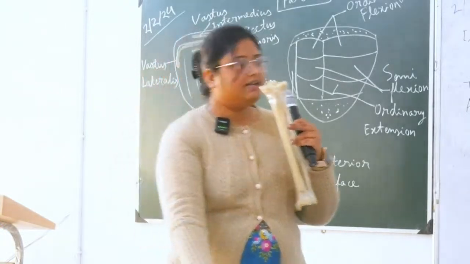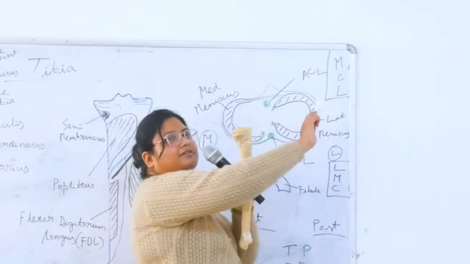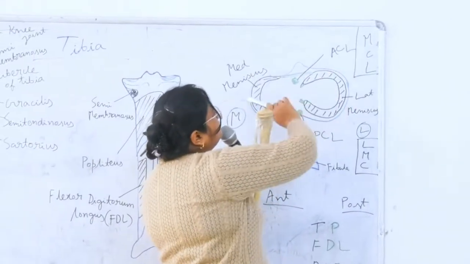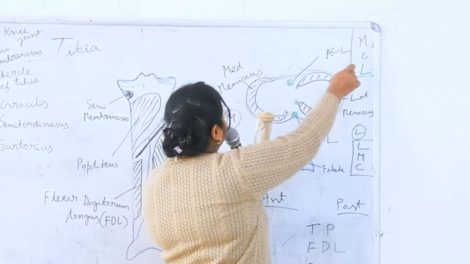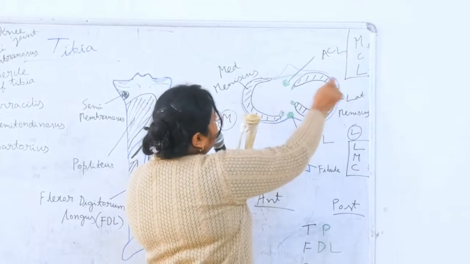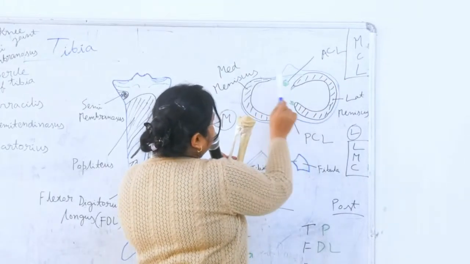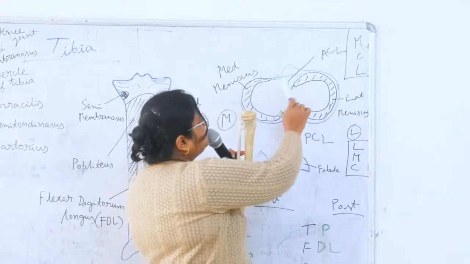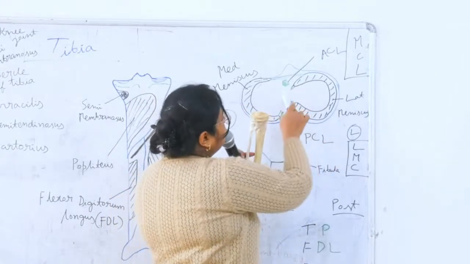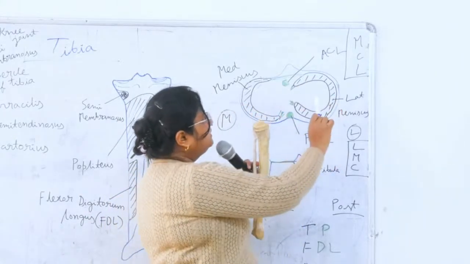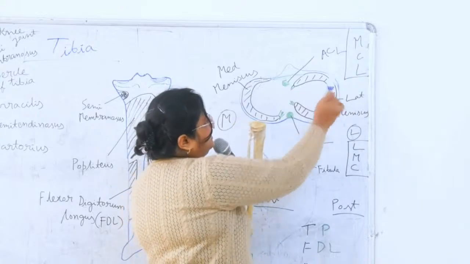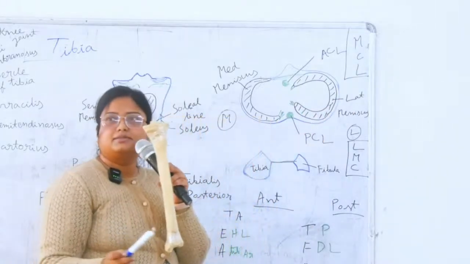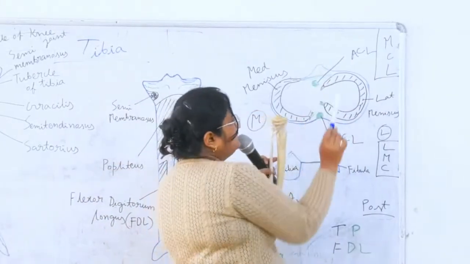You can remember like this: M, C, L. Medial meniscus, anterior end only. Then C, the cruciate ligament, anterior cruciate ligament. Then posterior to it is the anterior end of the lateral meniscus. So this attachment is important.